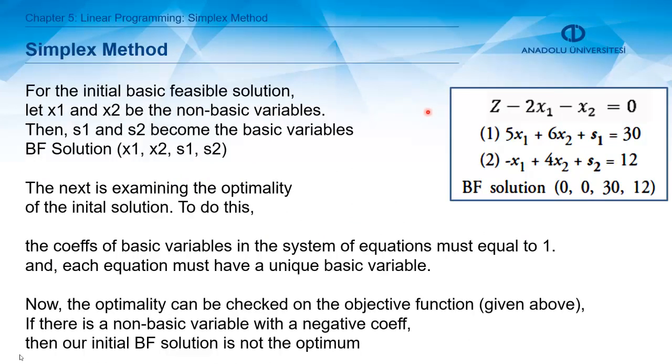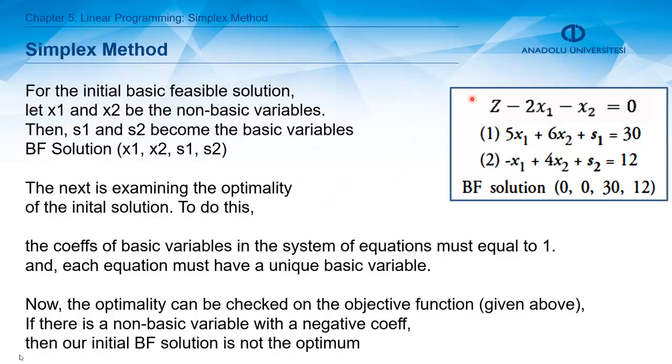For the initial basic feasible solution, let x1 and x2 be the non-basic variables, then s1 and s2 become the basic variables. So we have a basic feasible solution. X1 and x2 are non-basic, so they have a value of 0, and we're trying to find the values for s1 and s2.